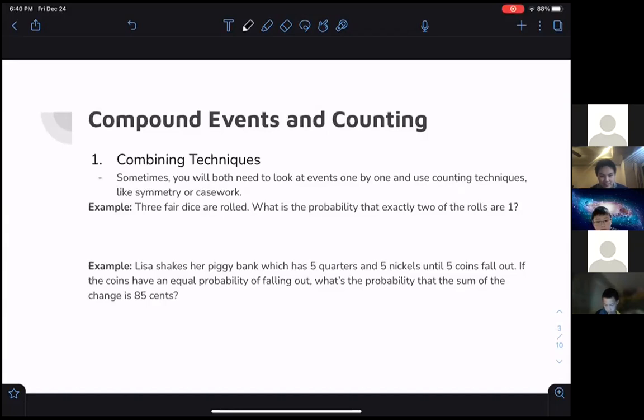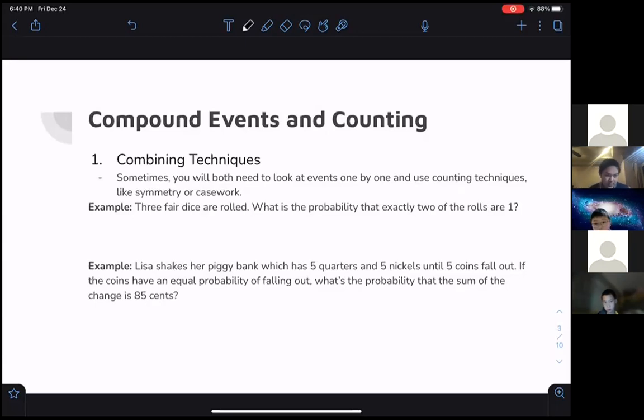And then there is a 1/6 probability that you will choose a 1, so this squared, times a 5/6 probability that you will choose something else. So this gives us 3 times 1/36 times 5/6, which is equal to 5/72.